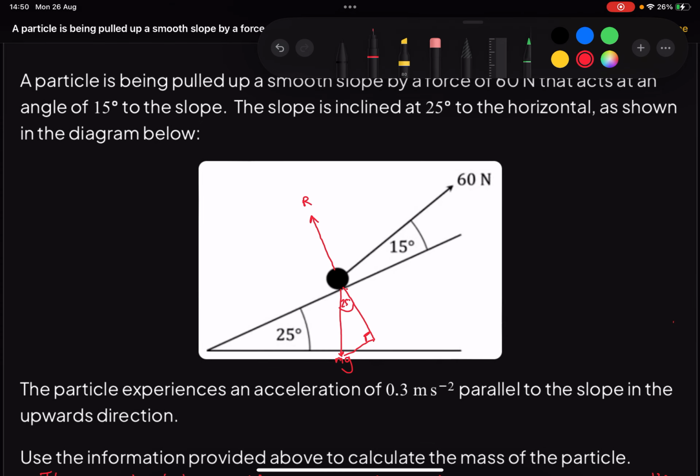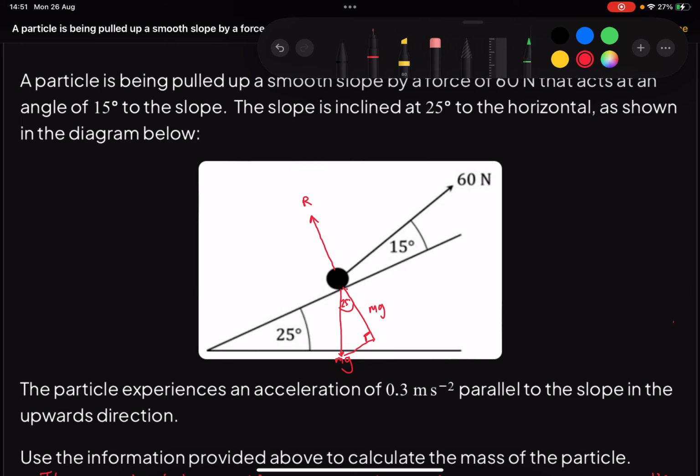Now we see that this is a vertical force, and it's also mg. The mg goes first because that's the weight, and the angle goes next, and that's always the order.